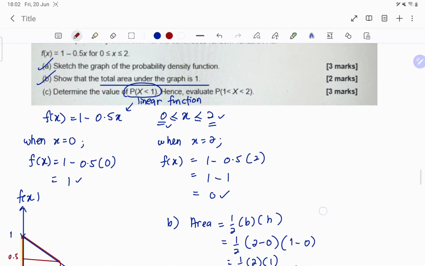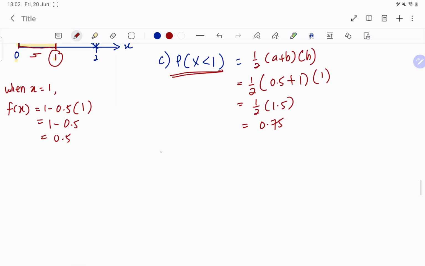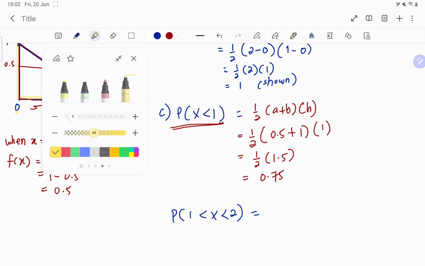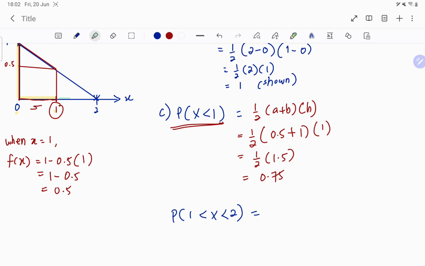Now you want to evaluate the probability from 1 until 2. Using your graph, I will use another color. This is 1, until 2, so by right it is a triangle.